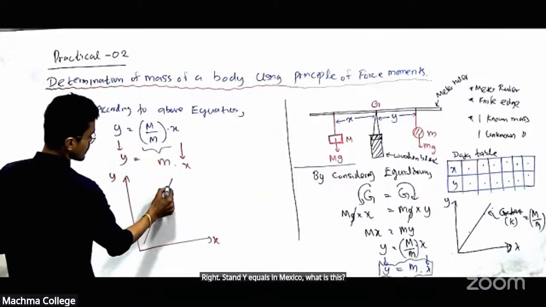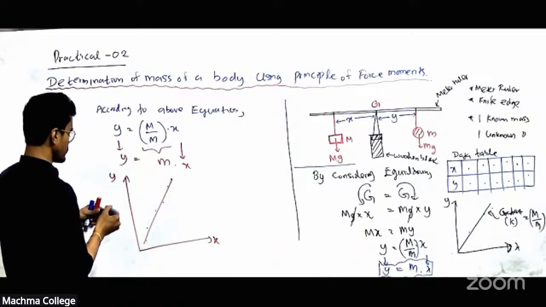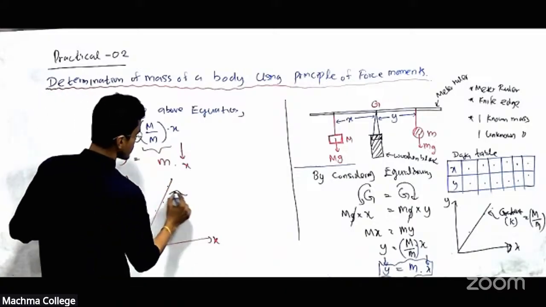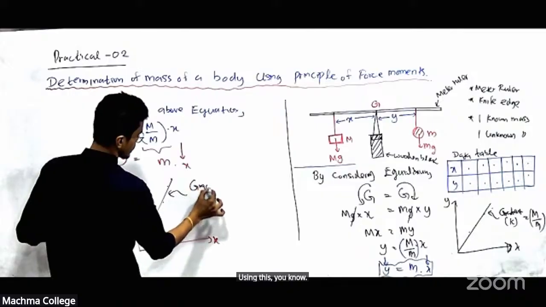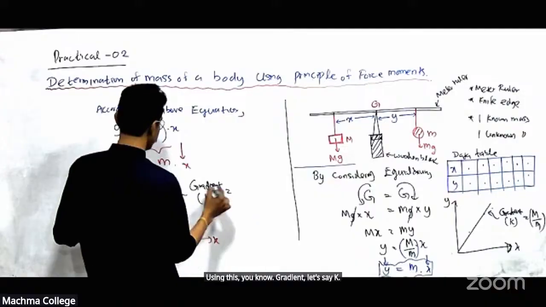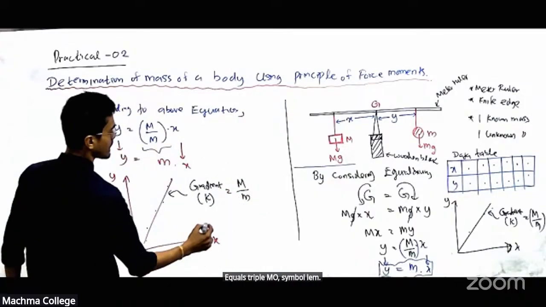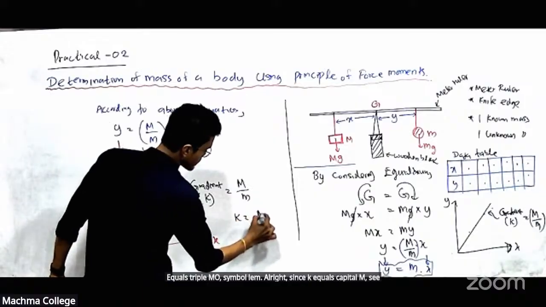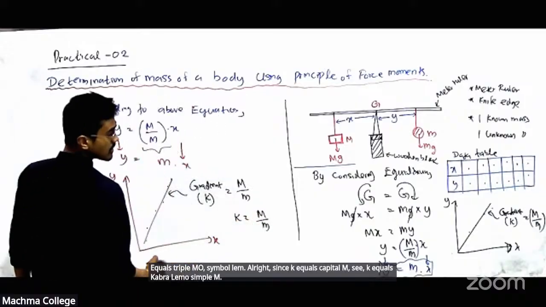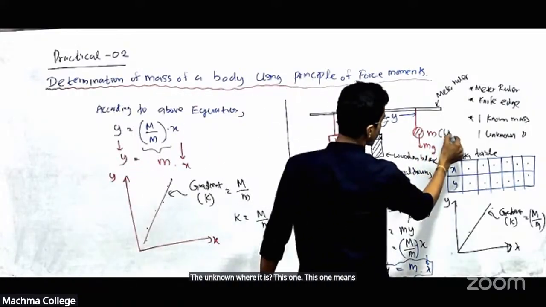Now, using this gradient, let's say k equals capital M over simple m. Since k equals capital M over simple m, the unknown weight is this one.